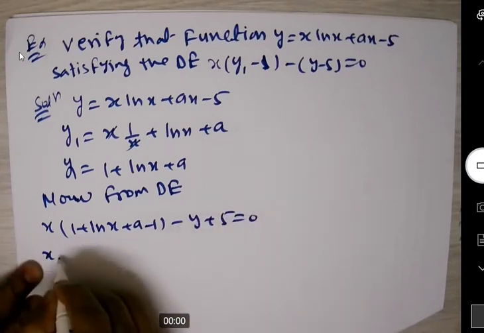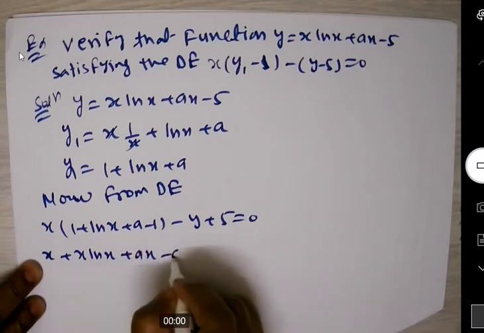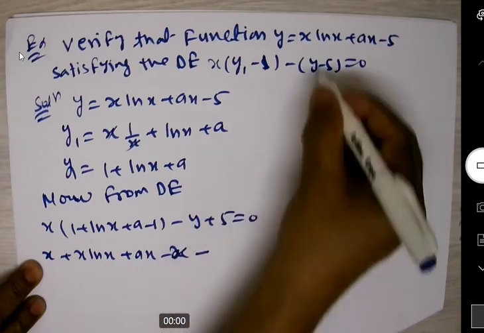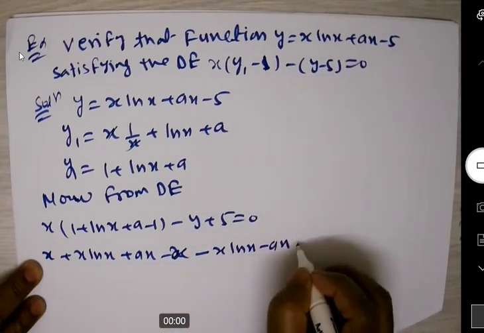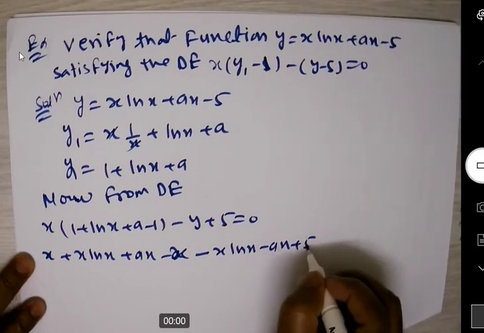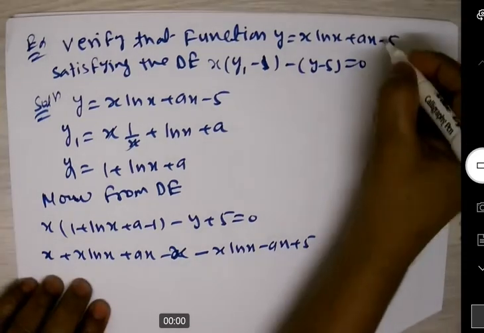Now simplify it: x plus x ln of x plus ax minus a minus x minus y. Y means x ln of x minus ax plus 5. Actually here it is given plus.